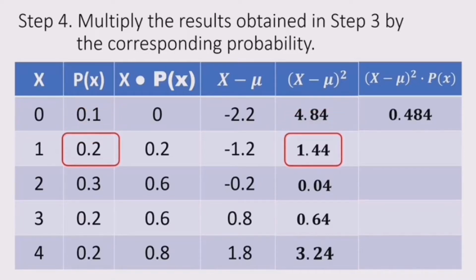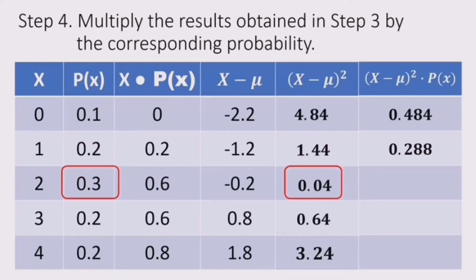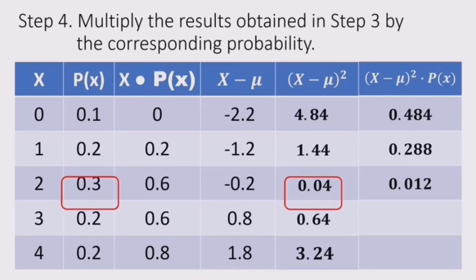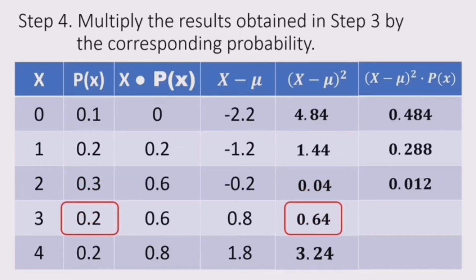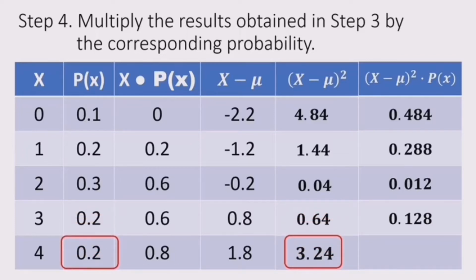Next, 1.44 times 0.2 equals 0.288. Next, 0.04 times 0.3 equals 0.012. Next, 0.64 times 0.2 equals 0.128. And lastly, 3.24 times 0.2 equals 0.648.